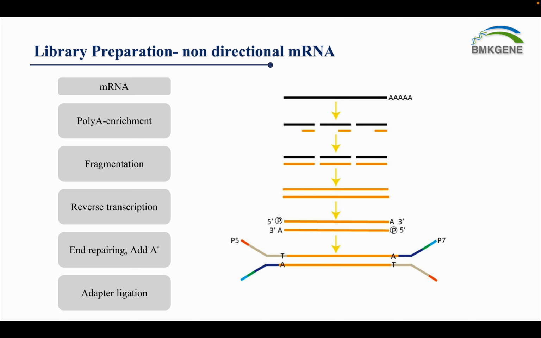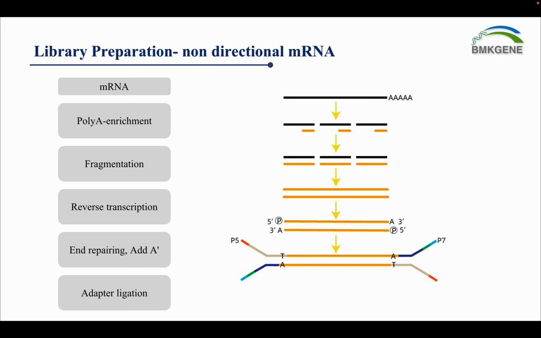Since the expression of genes in RNA sequencing is calculated from the mapped reads, the expression of transcripts obtained by ordinary RNA sequencing is actually the sum of sense and antisense transcripts, and such results may not reflect the actual situation of transcripts.